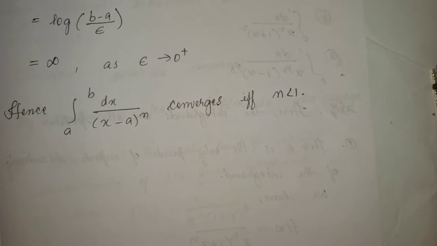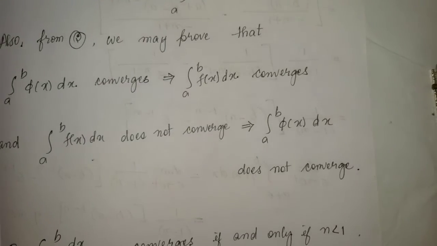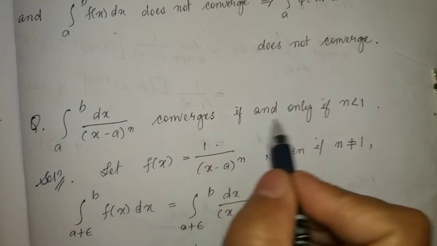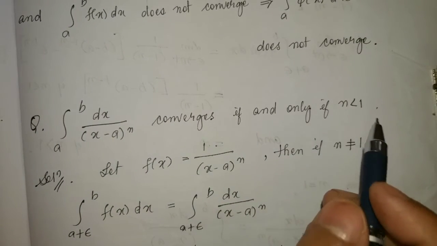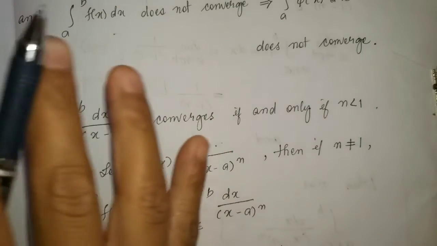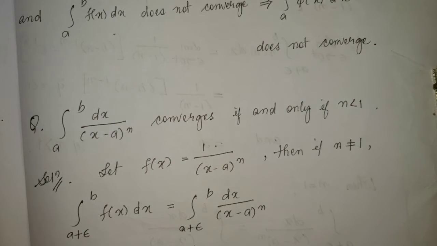Using this problem, remember the sentence here. We're going to make use of this in other problems. You'll see in the next problem, using this and the comparison test, we're going to find out the convergence of some other example.